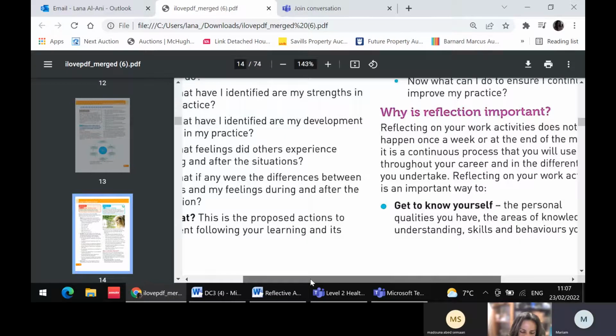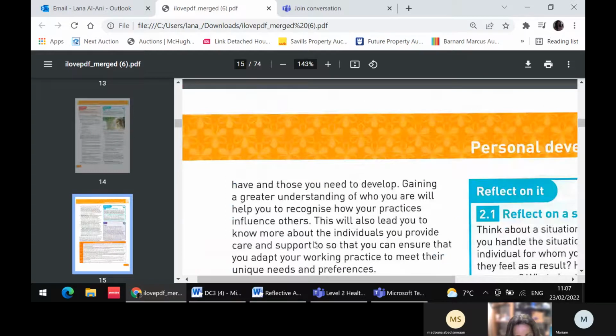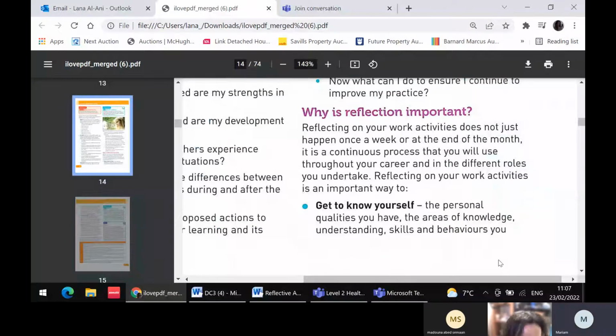To be confident in your work. Yes, very good. Even if you did it incorrectly, you can still think, oh, I need training in this, and then you go to your manager and ask for training. That's very good. So why is reflection important?